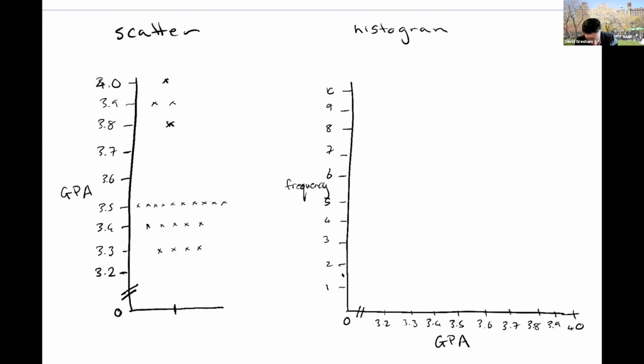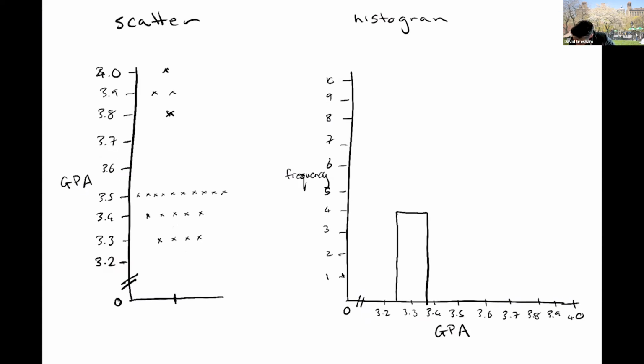So we see that the number of individuals with a GPA of 3.3 in this case is 4. I'm going to draw it like this. We can now look at this and see immediately that there are 4 individuals. For the 3.4 GPA, it would look something like this.